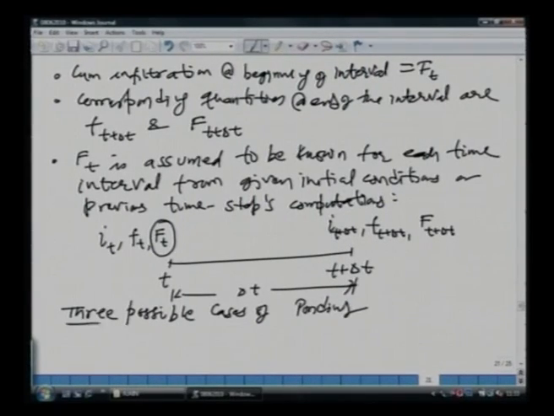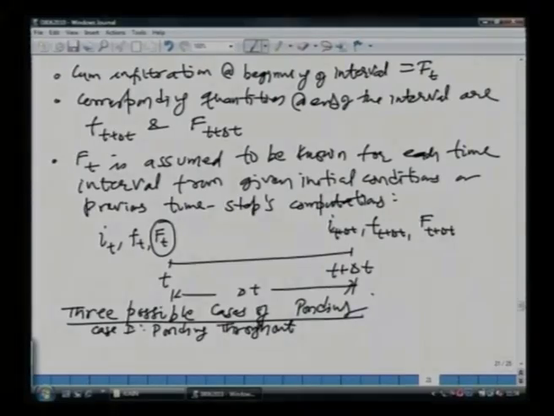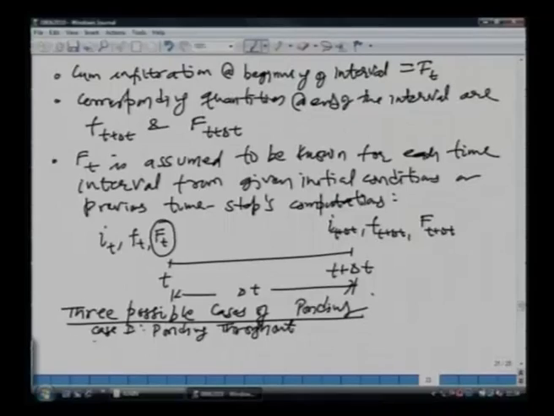What would those be? Case 1 would be ponding throughout. What may happen in any time interval is that there is ponding throughout that time interval, that is case 1. This is just the way we are defining the 3 possible cases.